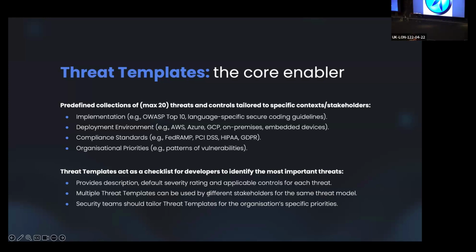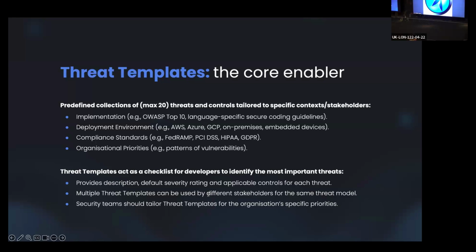Then we have the compliance standards that the application needs to comply with. Examples of these are maybe PCI DSS for payments, HIPAA for health data, GDPR for PII, and many more. So typically, the stakeholder for this threat template is the risk owner of the application. Then last but not least, what we call organizational priorities.